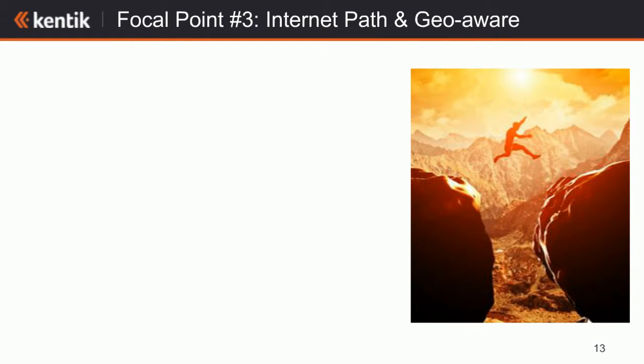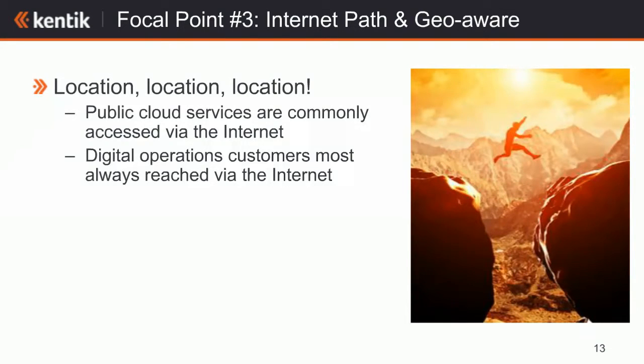All right, point number 3, Internet Path and Geo-aware. This is something that's becoming more and more important to a lot of organizations and was not necessarily part of the conversation, especially on the enterprise side. So it turns out that as you get into digital operations or you're using public cloud services, a lot of folks are accessing them using the internet.